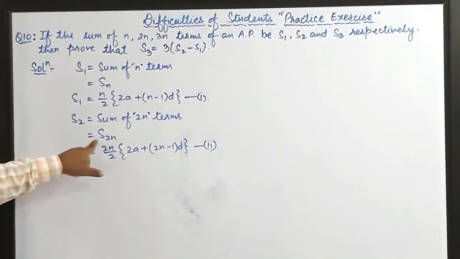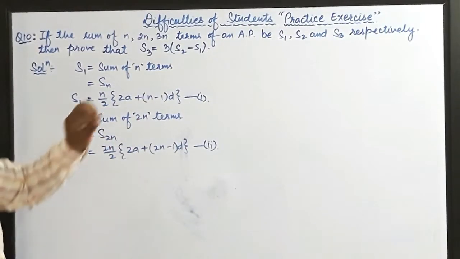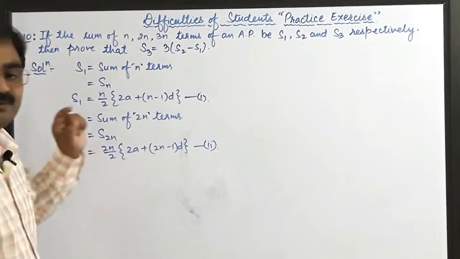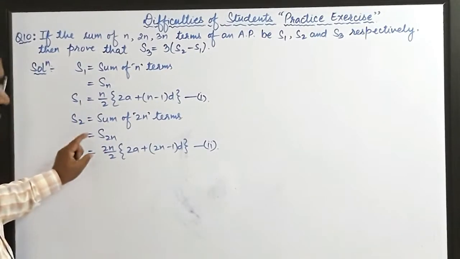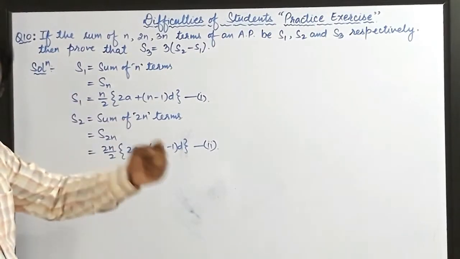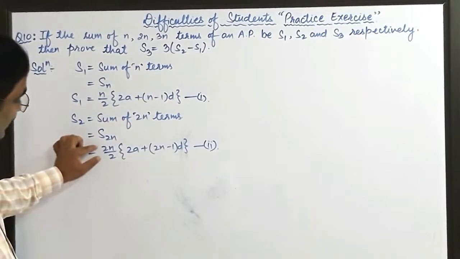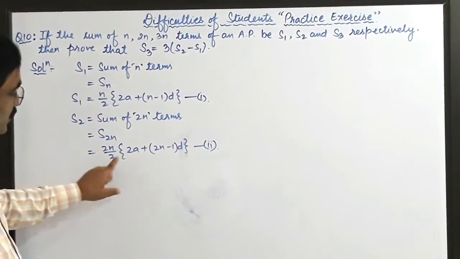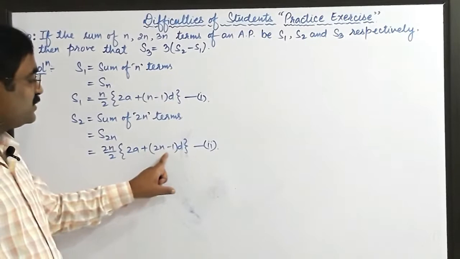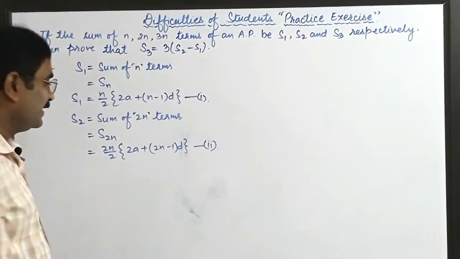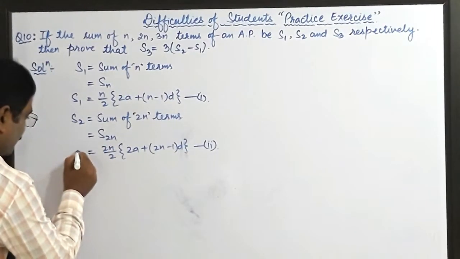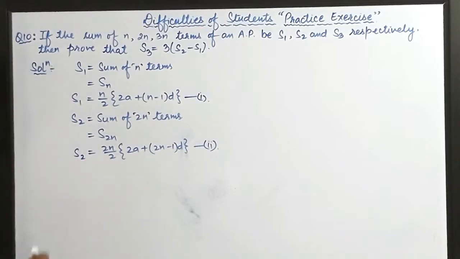Therefore, this can be written as S2n. It means at the place of n, there is 2n. So you have to substitute 2n at the place of n in the formula also. So it can be written as 2n upon 2 into 2a plus 2n minus 1 into d. Say it is equation number 2. This is the value of S2.